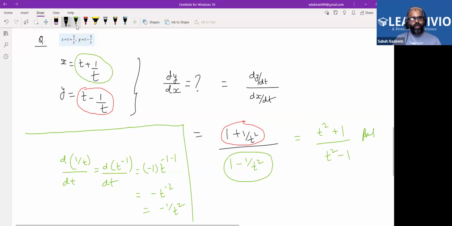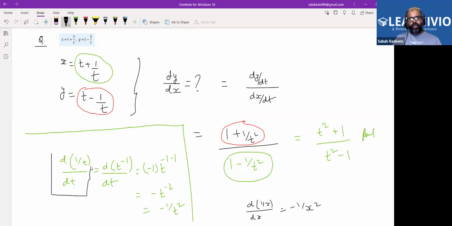Yes, what are you asking? So differentiation of 1 by x is minus 1 by x square, right? Yeah, differentiation of 1 by x with respect to x will be equal to minus 1 by x square. But right now we are differentiating with respect to t. So if you are differentiating with respect to t, the answer will come in t.